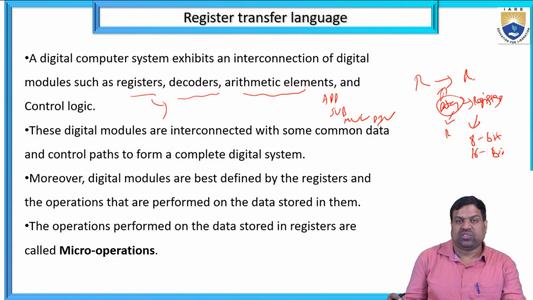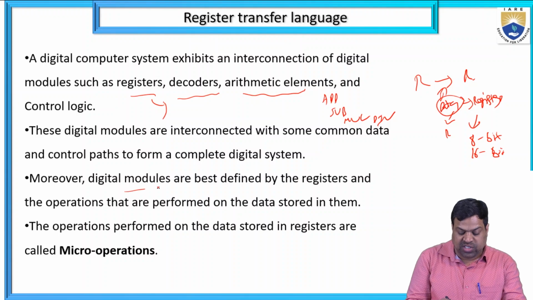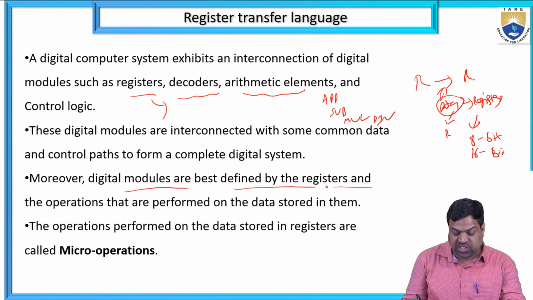All these digital modules are applicable in a digital computer system, and they are interconnected with some common data and control paths to form a complete digital system. These digital modules are best defined by the registers and the operations performed on the data stored in them.